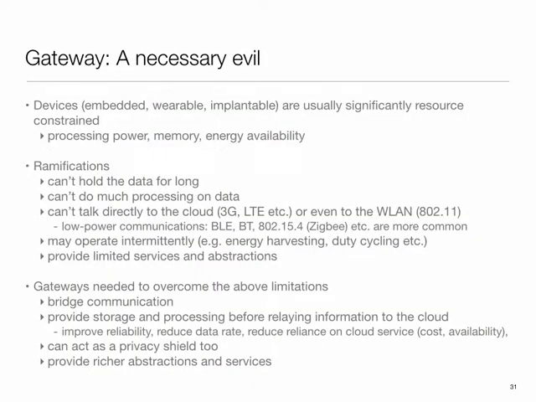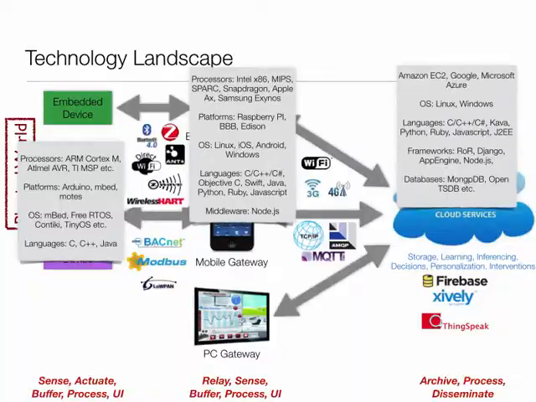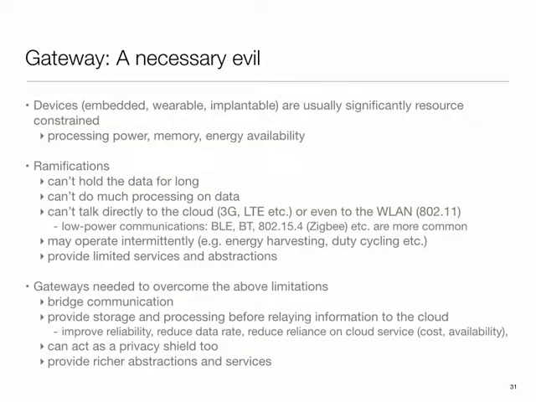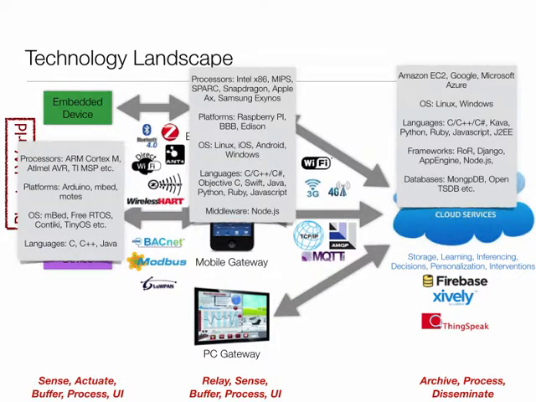I had mentioned how the gateway might seem redundant, but is usually a necessary evil because of the mismatch between the resources here and the resources there, and also the fact that communication tends to be pretty energy expensive. So the only way we know how to do power efficient communication is to do it over short ranges.